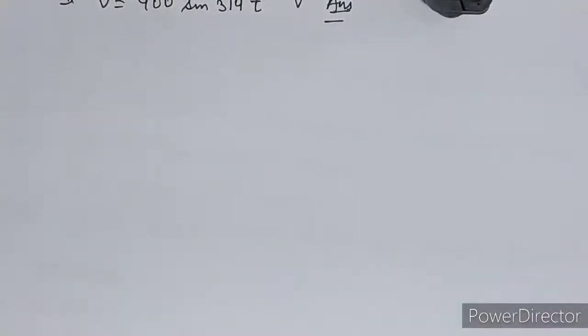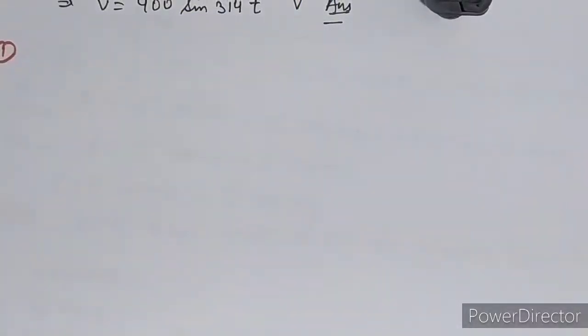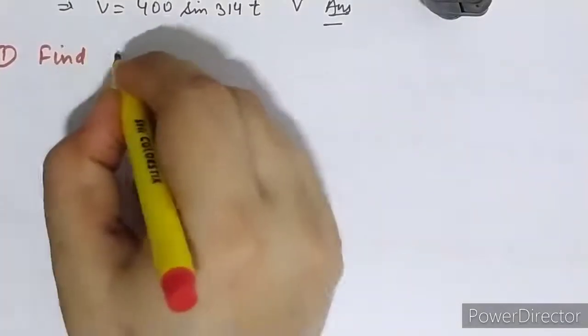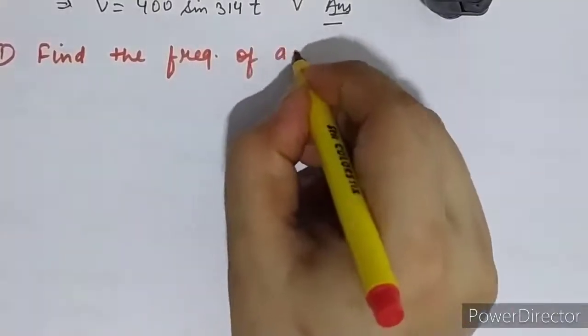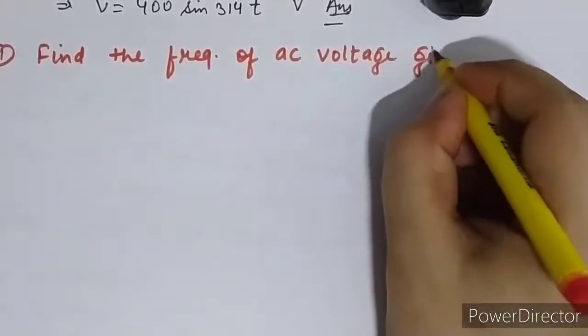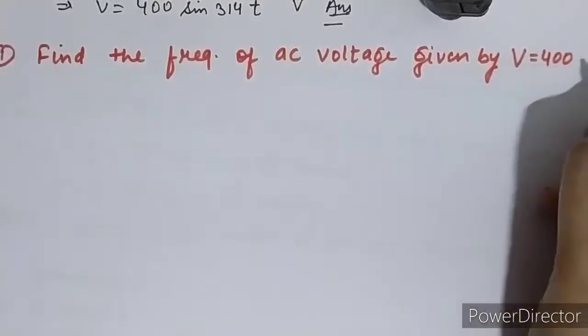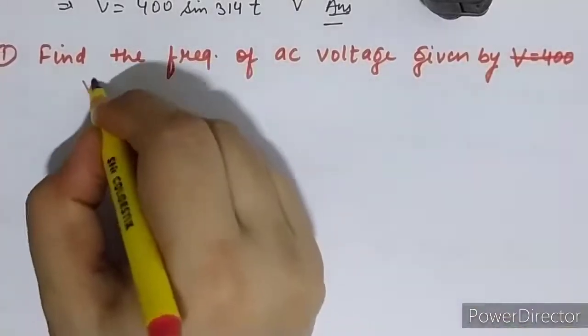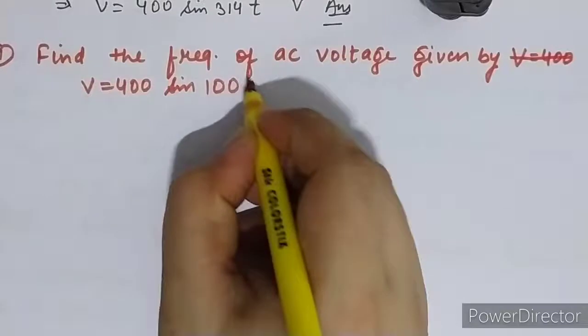So, discussing today's homework, your first question is: find the frequency of AC voltage given by V is equal to 400 sin 100 pi t.